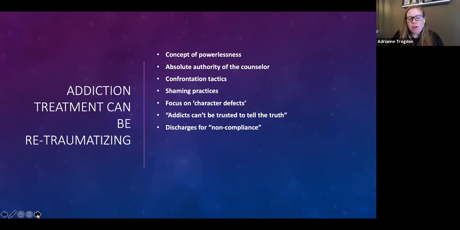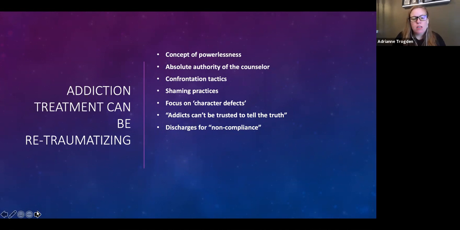Discharging a client from a program for non-compliance. Clients with any kind of co-occurring disorder, even if they have an addiction and a mental health related issue, are going to take a little bit more time and effort to progress into recovery, not just from the substance use side, but also from the mental health side.